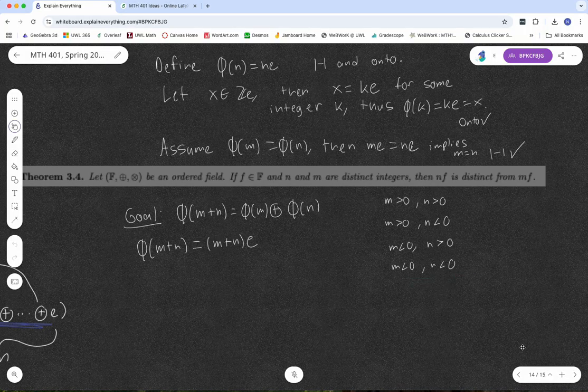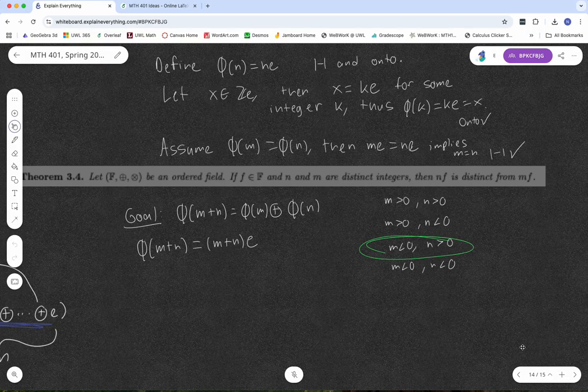All those cases are going to be very similar, so I'm just going to pick one to show, and it works. If they're both positive, that one's pretty straightforward, so I'll pick one that's maybe less straightforward. Let's do this one: m is negative and n is positive.